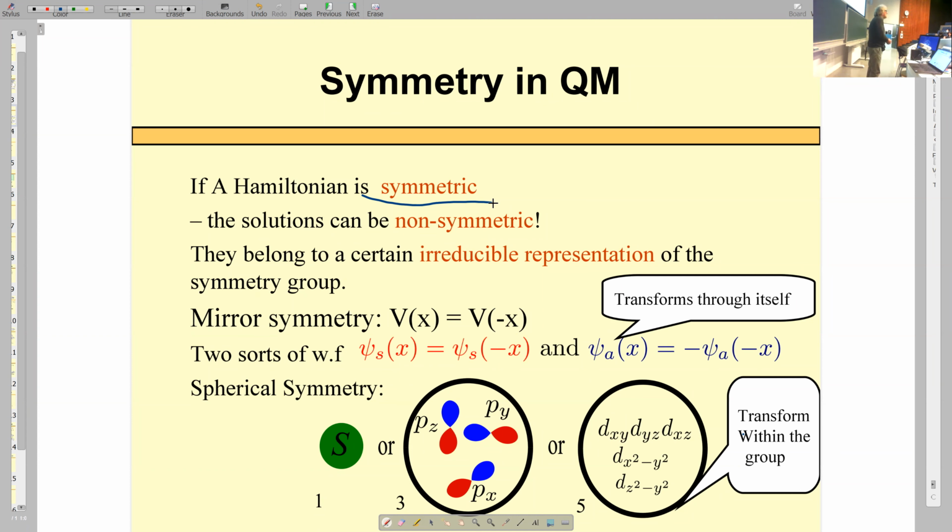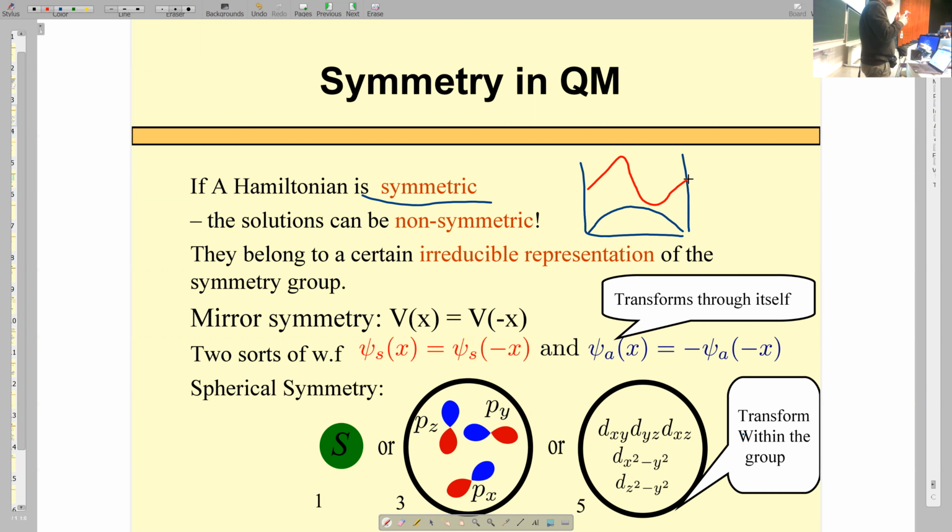How to swallow this? Something that you know: hard-wall potential, particle in a box. That is the ground state. That's symmetric. The next state looks like this. It's anti-symmetric.